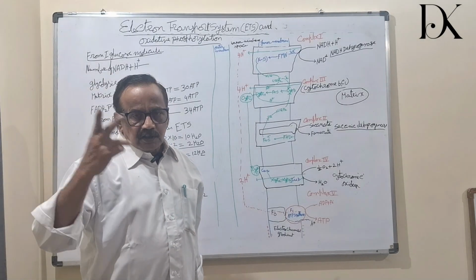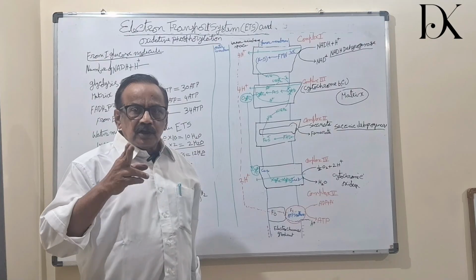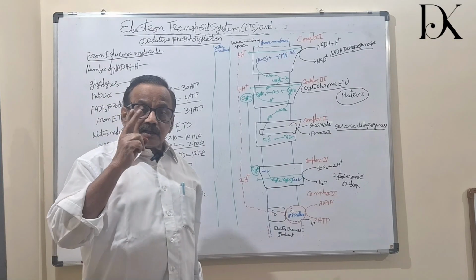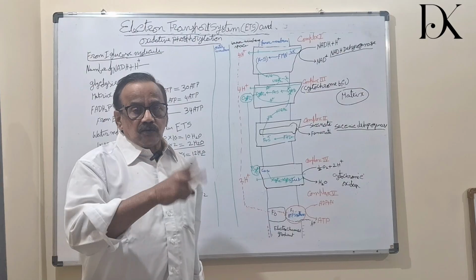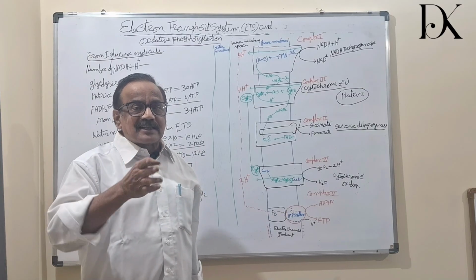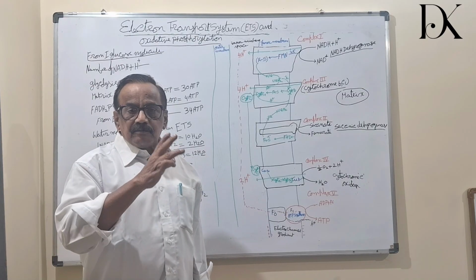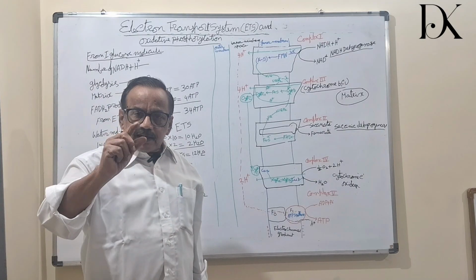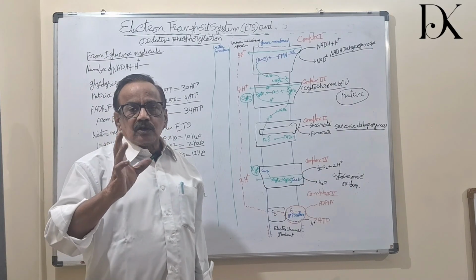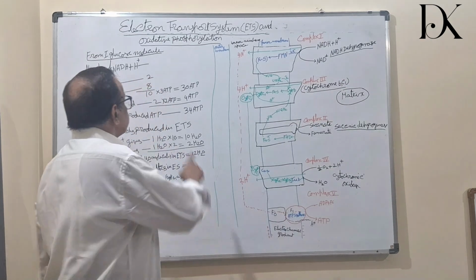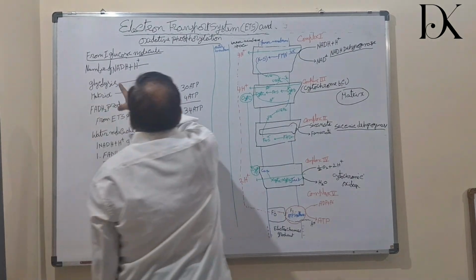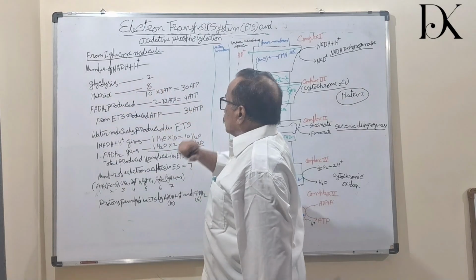Glycolysis 2. From one glucose molecule, Krebs cycle 6 from 2 pyruvic acids, and link reaction 2. So in the matrix it is 8, and glycolysis it is 2.